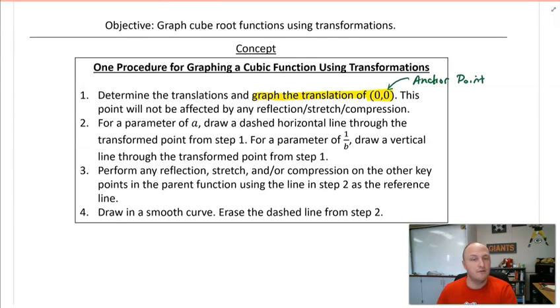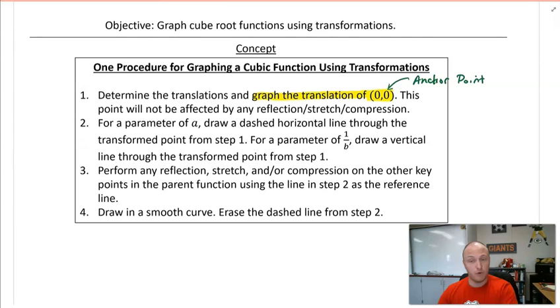Number 2, for a parameter of a, we're going to draw a dashed horizontal line through the transformed point, and that's going to serve as a reference for our stretch, compression, and or reflection if we have any. If we have a parameter of 1 over b, meaning we'll have horizontal stretch or compression or reflection, we'll draw a vertical line as a reference line, and that will help us with our stretching, compressing, and reflecting.